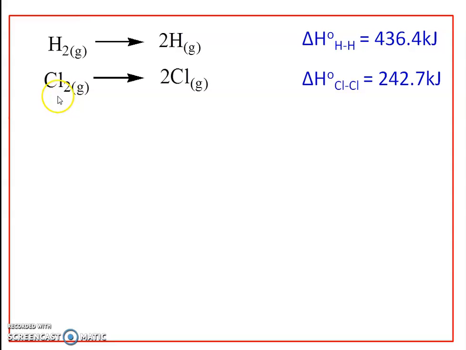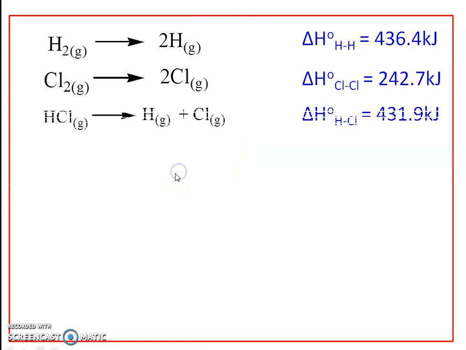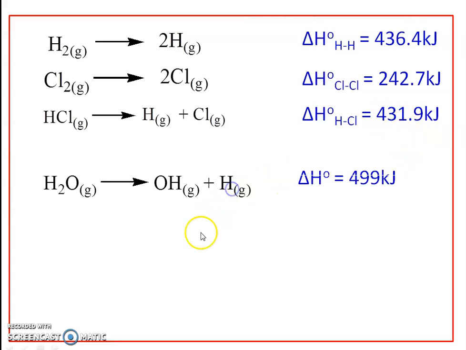Similarly, for chlorine, bond enthalpy is 242.7 kilojoule. For HCl, to break the bond, the energy required is 431.9.